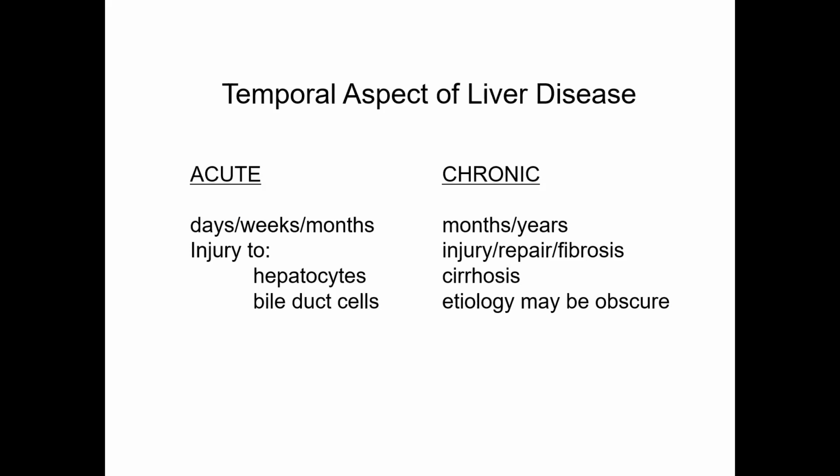And this is what leads to problems in chronic liver disease. So when you have a cirrhotic liver, of course, scarring will make the liver non-functional. There are many etiologies for chronic liver disease, and some of these etiologies may be obscure or unknown and still under investigation.